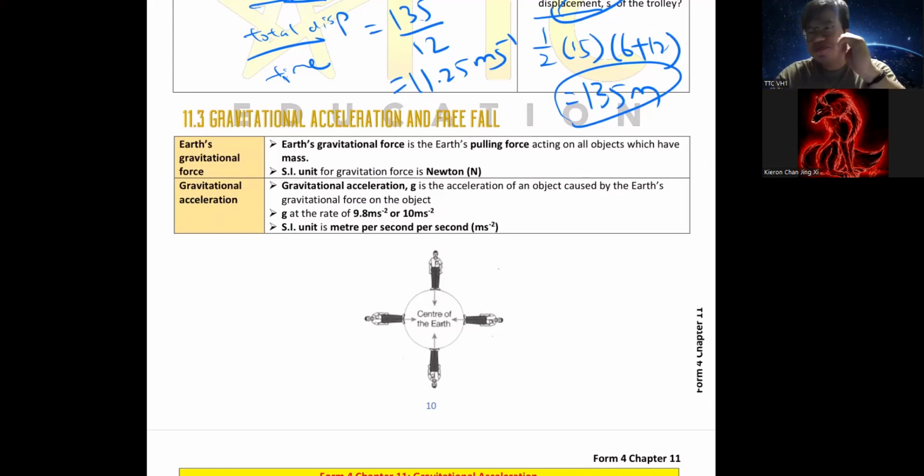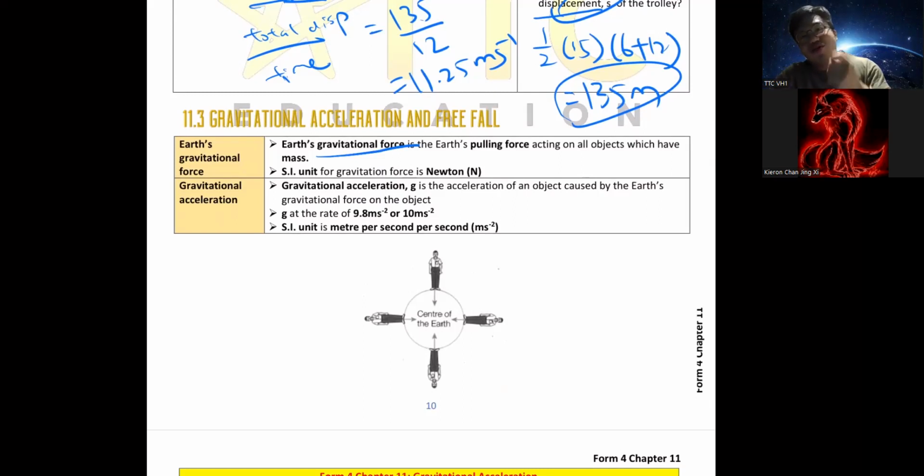Okay, you see, when you jump down from a building, you accelerate down, isn't it? You're becoming faster. You accelerate down because of the gravitational force. The gravity pulls you down.